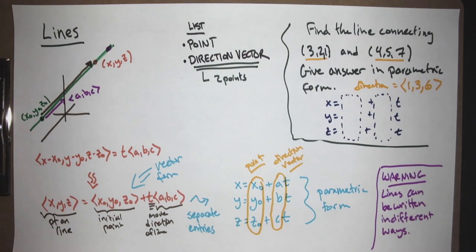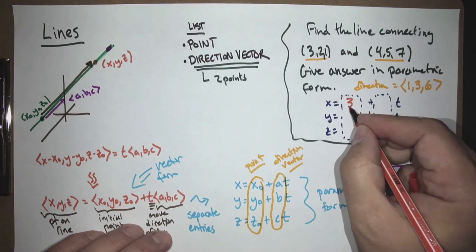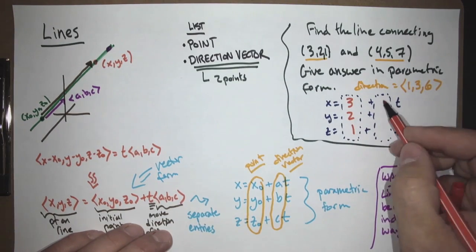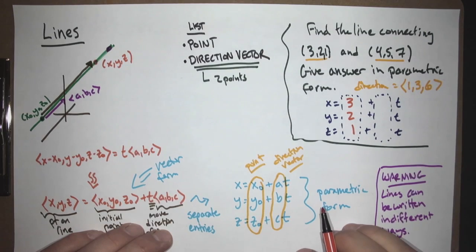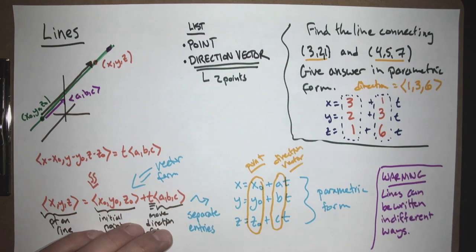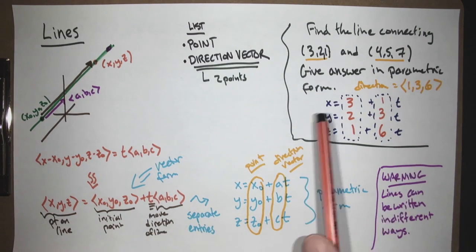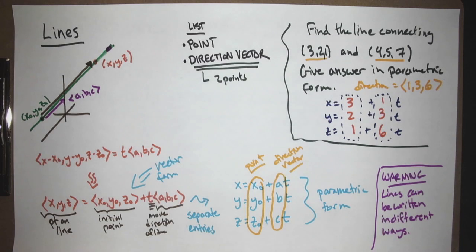It doesn't matter. It'll be the same line, even if they have slightly different expressions. So the first one sounds reasonable. What goes in the other column? What we just found, 1, 3, 6. And we're done. We found the line: x equals 3 plus t, y equals 2 plus 3t, z equals 1 plus 6t.